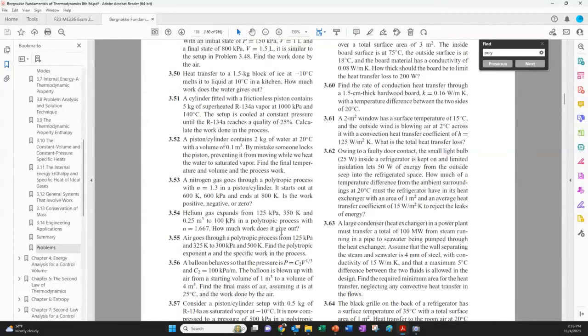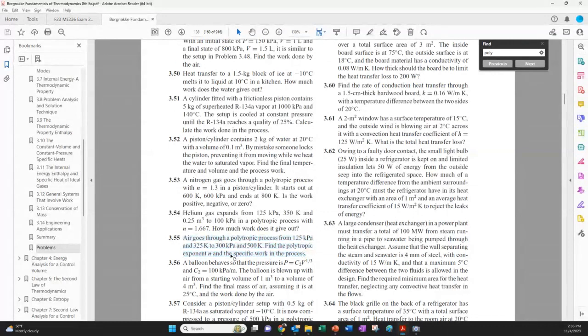How much work does it give out? That's a good question too. And then air goes through a polytropic process from 125 kilopascals to here. Find the polytropic exponent and the specific work. So it doesn't tell you how much right here.